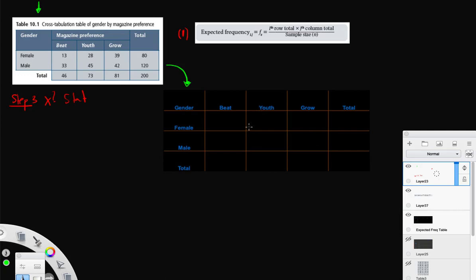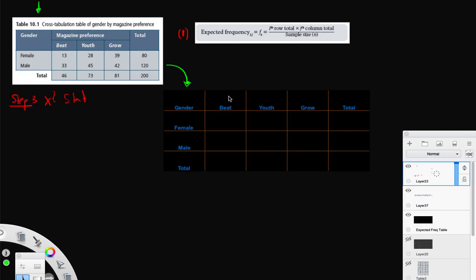It's very simple. The first thing that you do to perform this is to rewrite your totals, because this formula is actually telling you that you take the ith row total times the column total, and you divide it by the total sample size.